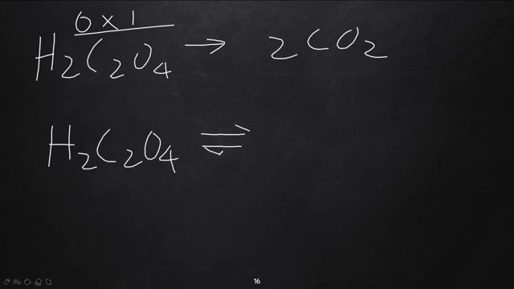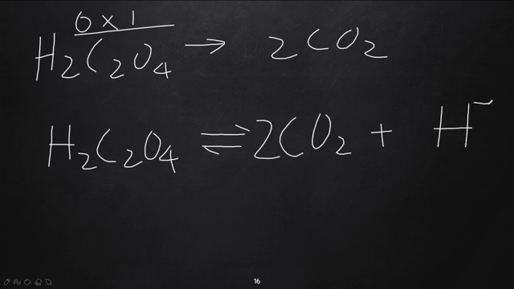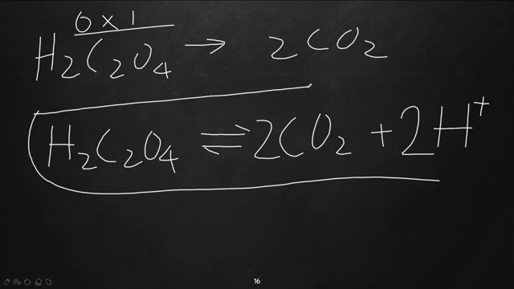The simple way of balancing this, as a reversible reaction, is to add 2CO2 plus hydrogen ion, because the only thing giving us a problem is the hydrogen on the left hand side. We add 2 hydrogen ions on the right hand side, and if you look at this equation, it's balanced already. So this is our balanced half equation.